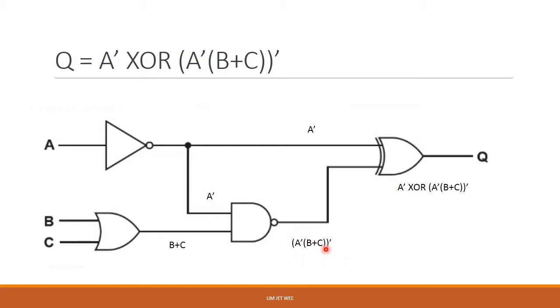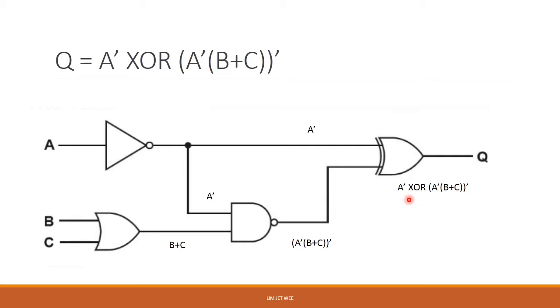Then all I have left is the top, which is NOT A, with this entire thing going into this gate over here. So what is this gate? This gate looks like an OR gate, but there's another line at the back here. See that? So this is not your standard OR gate, but your XOR gate.